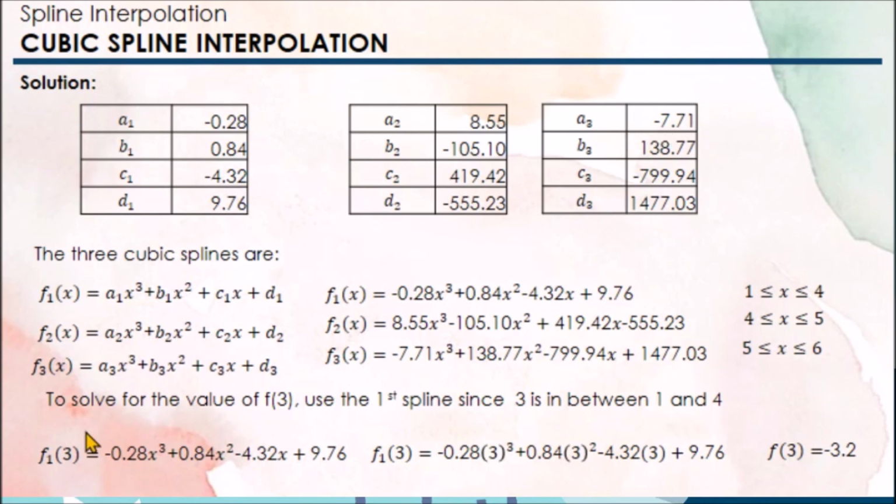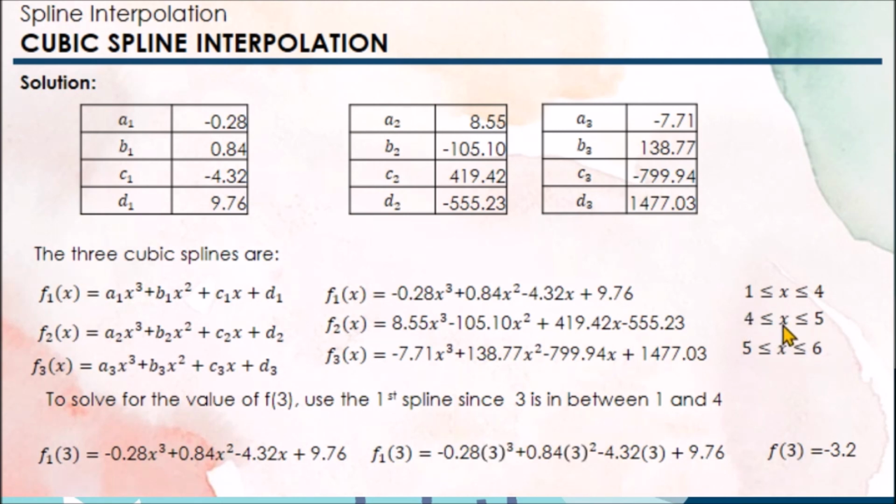So, for the question asked of us, to solve for the value of f of 3, where does our 3 fall that satisfies these? So, we'll be using this f sub 1 of x, because our 3 is greater than 1 but less than 4. So, is our 3 greater than 4?